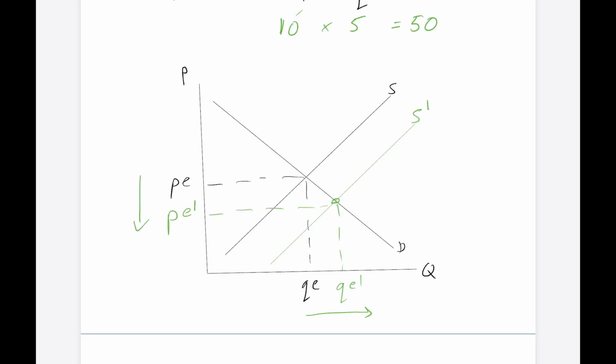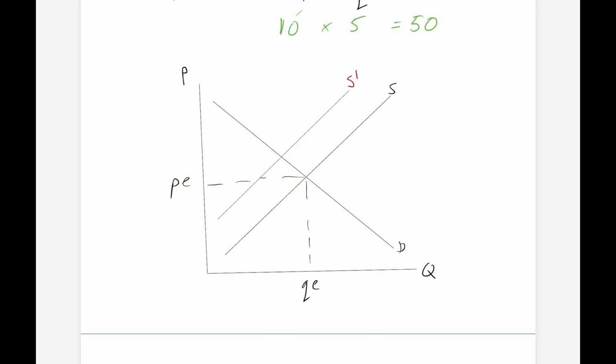Now let's have a look at what would happen when there has been a decrease in supply. Let's say the cost of production has increased, and therefore firms are going to be less willing and less able to supply products. So the supply will decrease to the left-hand side, which is an inward shift.